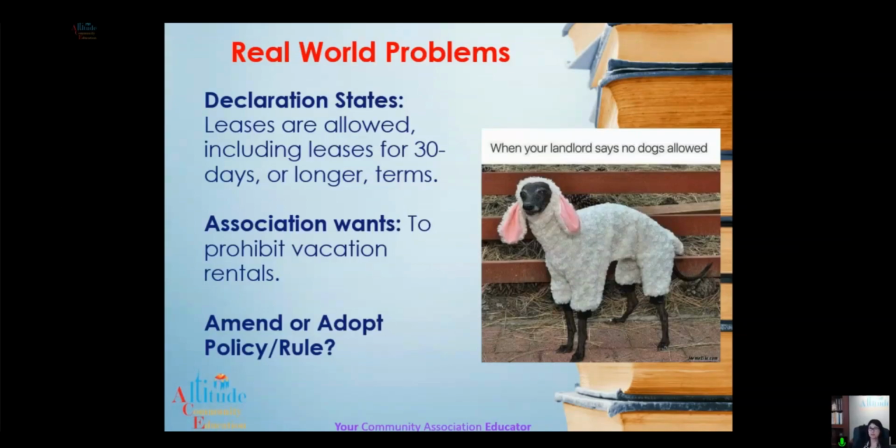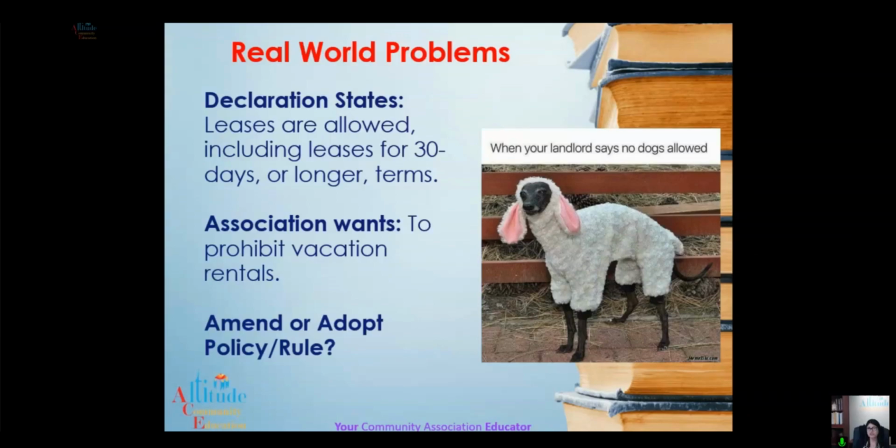Then it gives you an example, including leases for 30 days or longer. So this is just an example of the type of lease that is allowed. Do you see anything in this language that says you can't have leases for less than 30 days? No, you don't. And there's no implication of that.